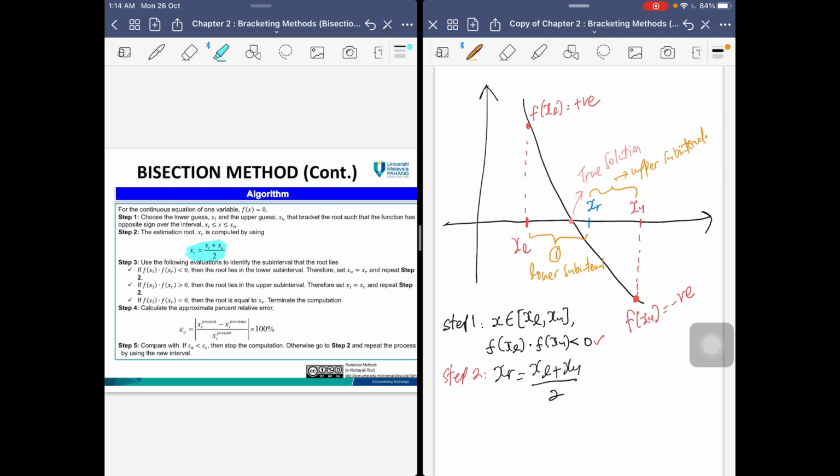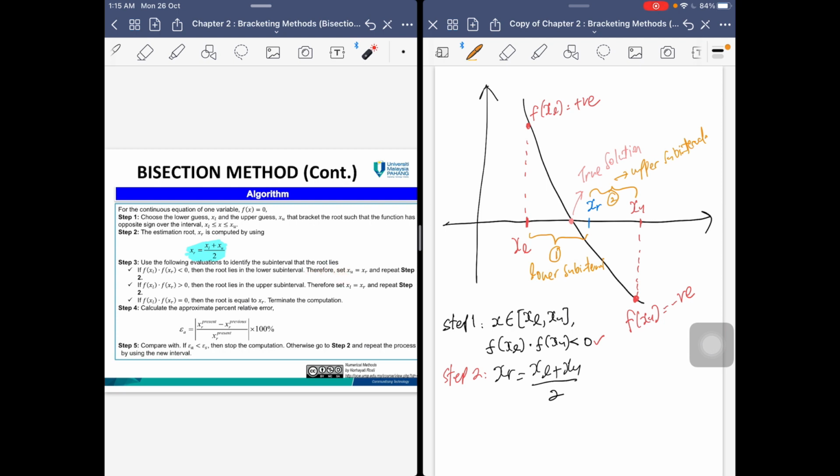Now we need to decide whether our root lies in the lower subinterval or the upper subinterval. So we go to step number 3, use the following evaluations to identify the subinterval where the root lies.